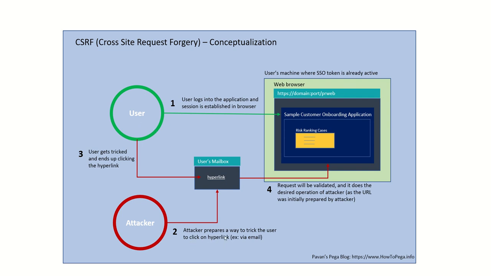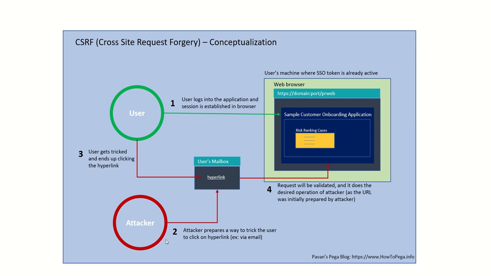If the attacker spends a week or a month or a couple of months, ultimately the attacker figures out a way that if he passes some query string to this URL, the system is able to take it in and run the job, probably updating the risk ranking for some of the customers from high to low.